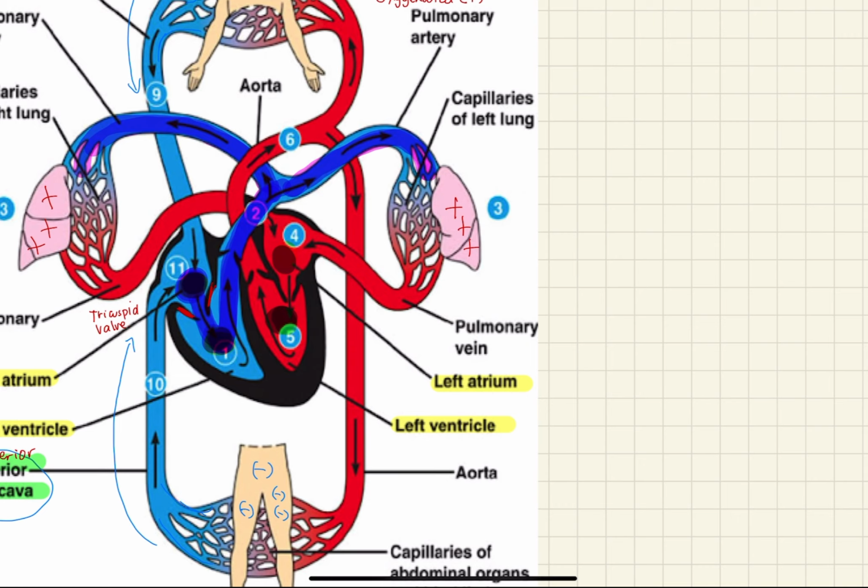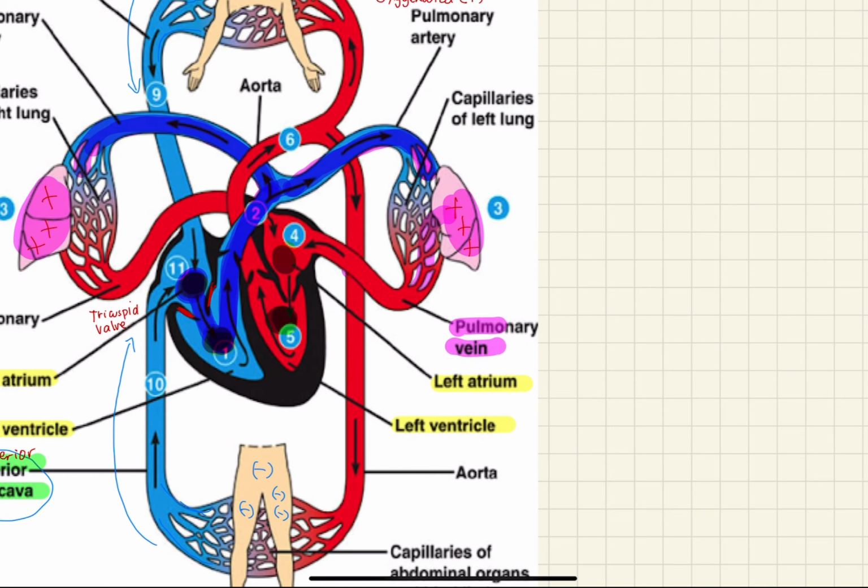Now, after the blood gets oxygenated, so nandito na po yung dugo natin, di ba? Oxygenated na po sila, meron na silang oxygen. They will have to go back again to the heart para ma-distribute sa different parts of the body. So what happens? So ito po yon. Dadaan naman po sila sa pulmonary vein. Okay?